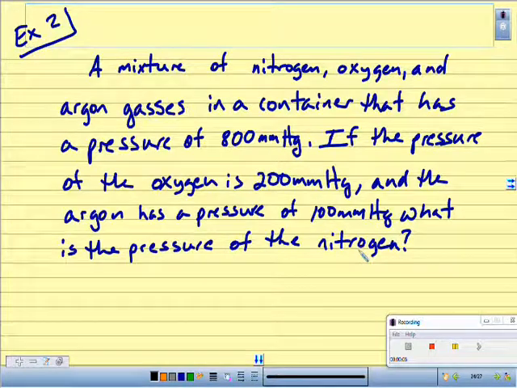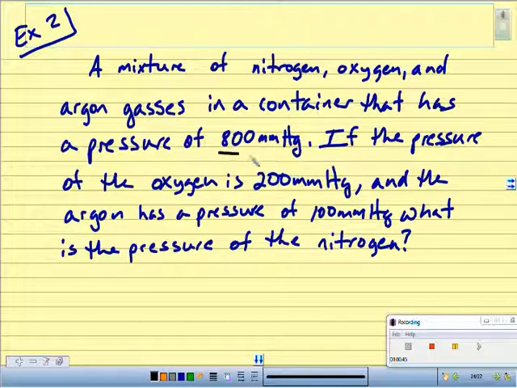And this is just the opposite of the previous problem, where you simply take the total and instead of adding things together, this time we're going to subtract, because we know the total, we know all the parts but one.